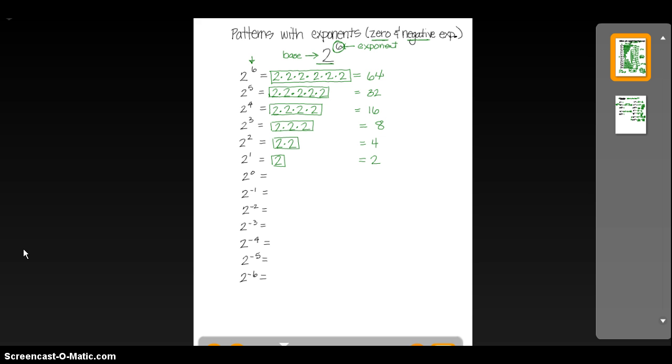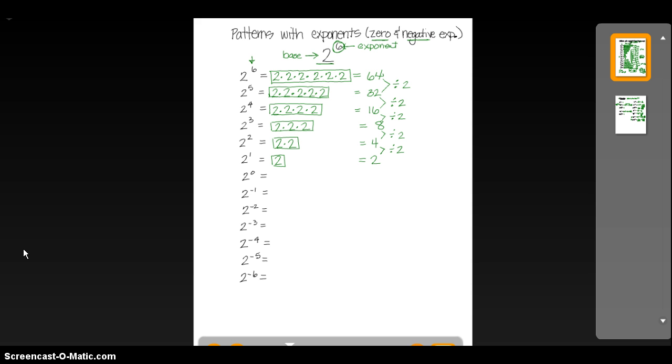So if you look at our results over here, when I went from 64 to 32, I did 64 divided by 2, because I lost a factor of 2. When I went from 32 to 16, I divided by 2, because I had 1 less factor of 2 to multiply by. 16 to 8, I divided by 2. 8 to 4, it was 8 divided by 2, and from 4 to 2, we did 4 divided by 2.